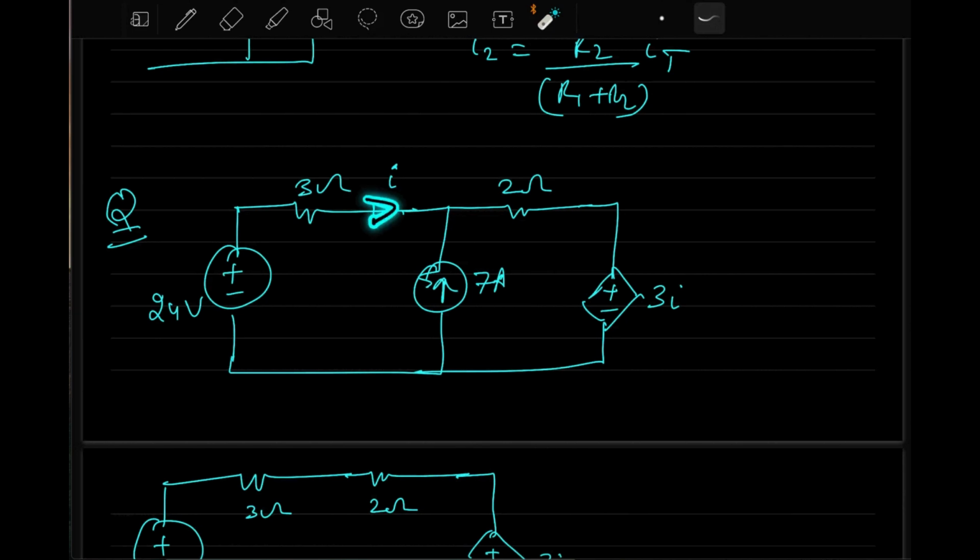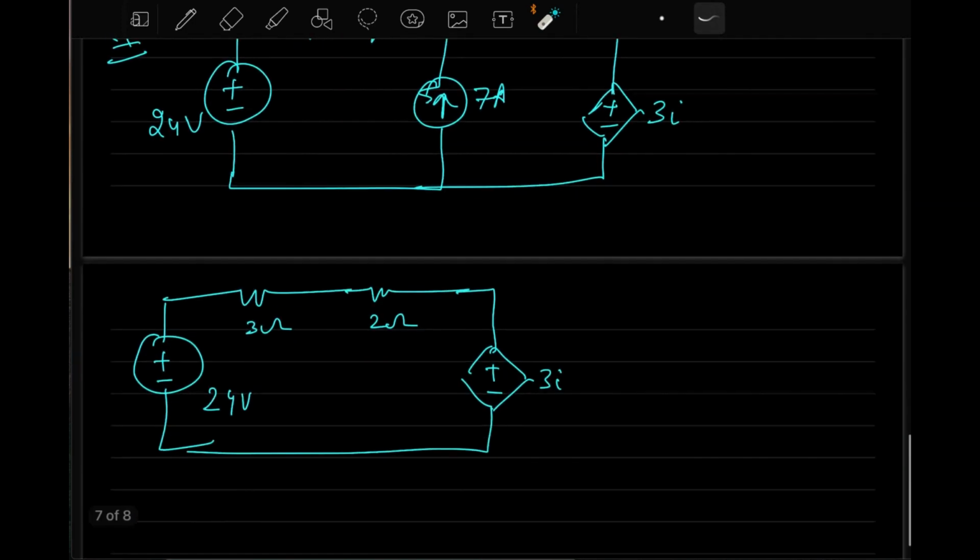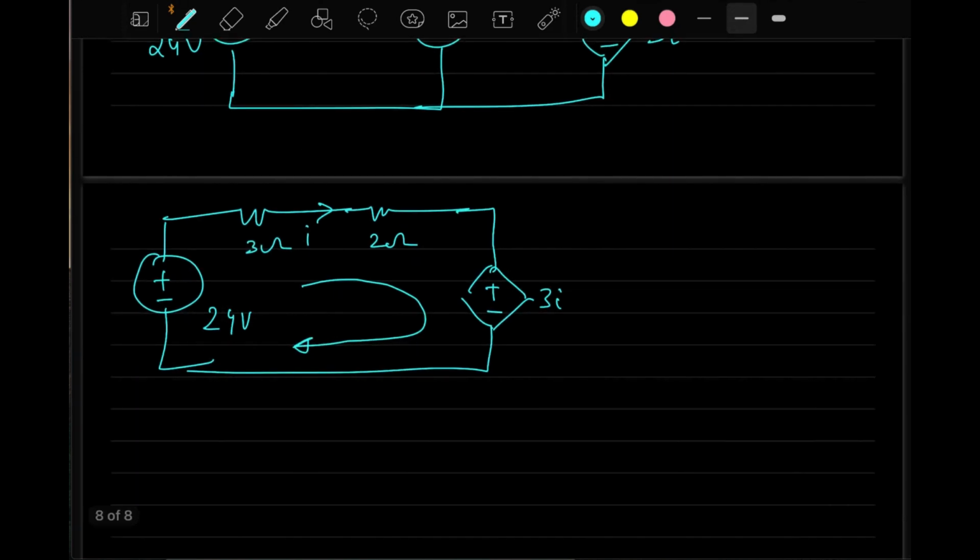Keep in mind that this direction is fixed, at least for this controlled source. So you have this I here, and we apply KVL like this. If you apply KVL, your answer will be 24 minus 3i minus 2i minus 3i equal to 0. So from here you will get I equal to 3 amperes.